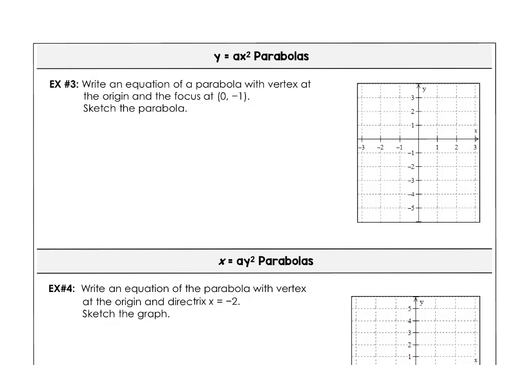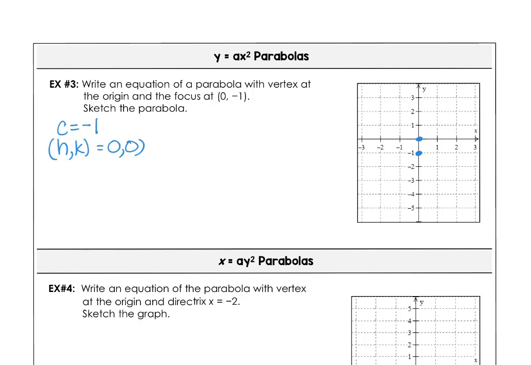In example 3, we want to write an equation of a parabola with the vertex at the origin and the focus at 0, -1, and we want to sketch that parabola. So we know the c value is -1 and the h, k value is 0, 0.